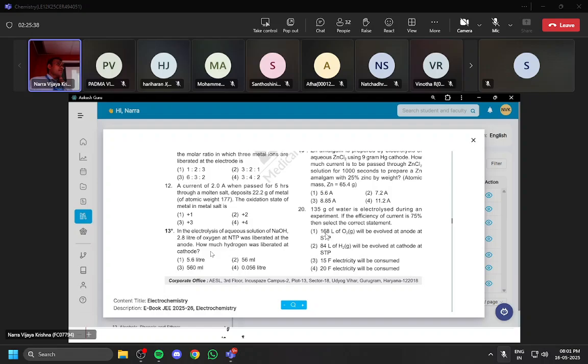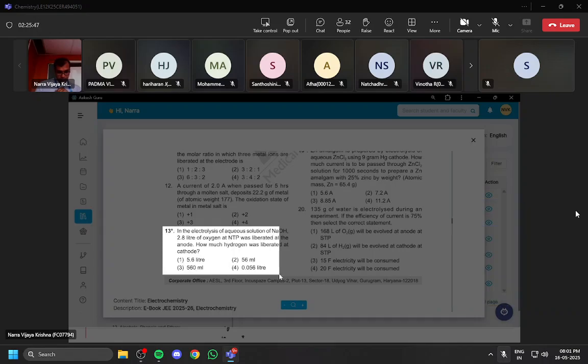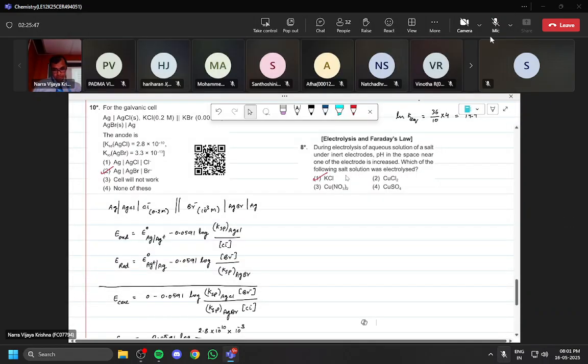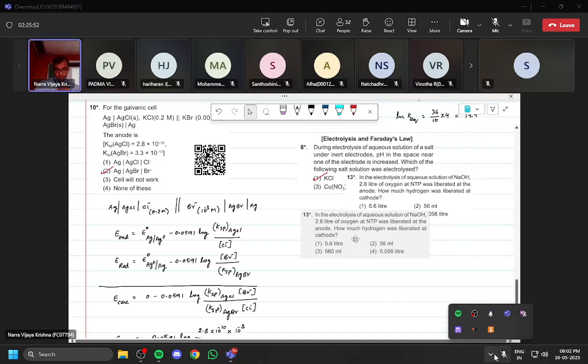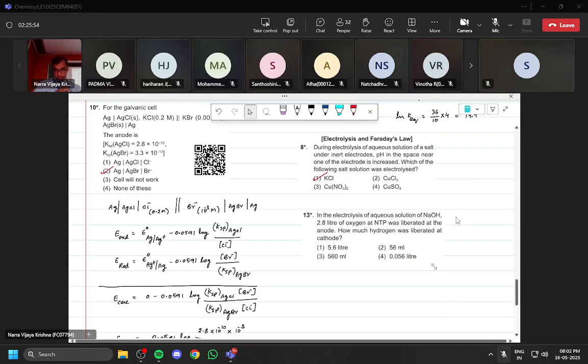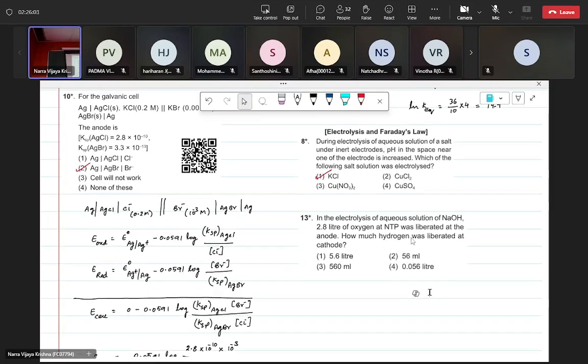Question number 13 solved? 13. No? Right. We will solve it. Solve this one. In electrolysis of aqueous solution of NaOH, 2.8 liters of oxygen at NTP was liberated at anode. How much hydrogen was liberated at cathode? We were doing electrolysis of aqueous NaOH now.